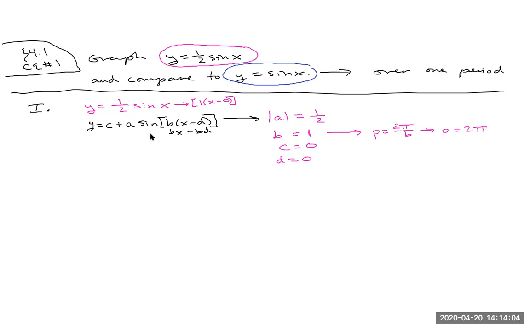Second part, we are going to find the n values for x. Remember, for that part, we're going to want to put b times x minus d between 0 and 2 pi. You do not have to write it in this format, though.